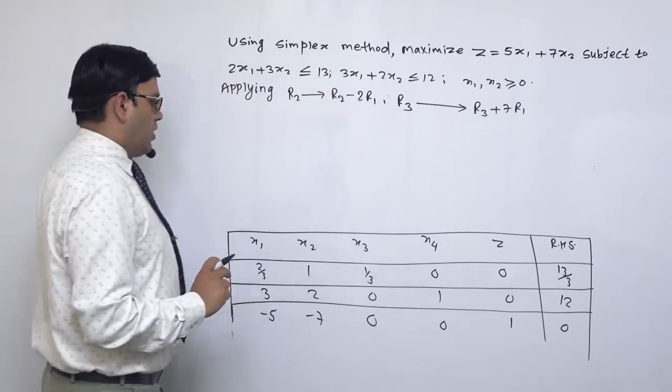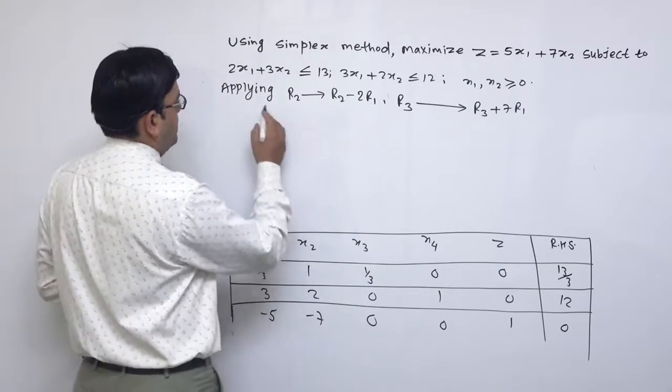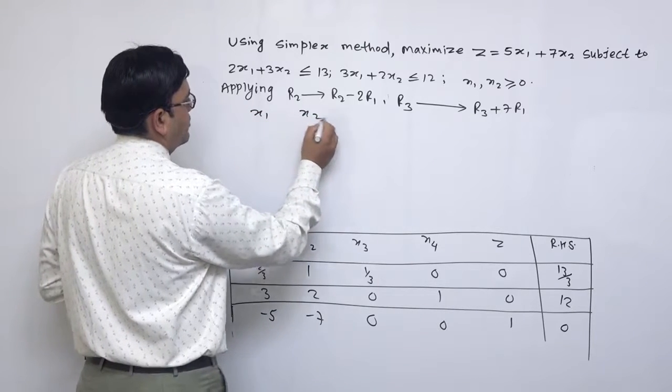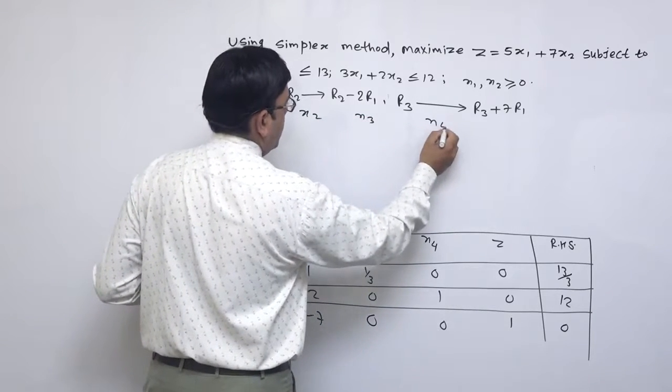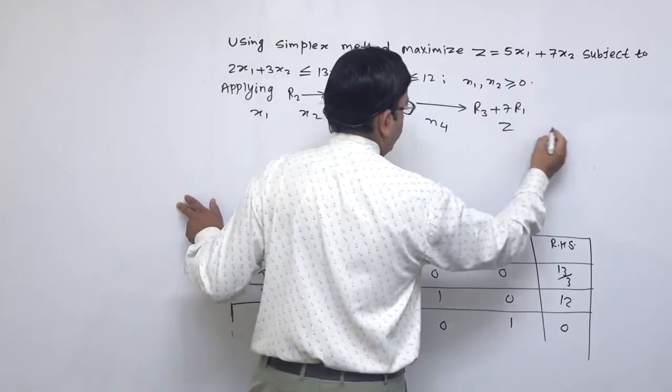अब हेरौं है, again we have to write x1, same x1, x2, x3, x4, z and RHS.